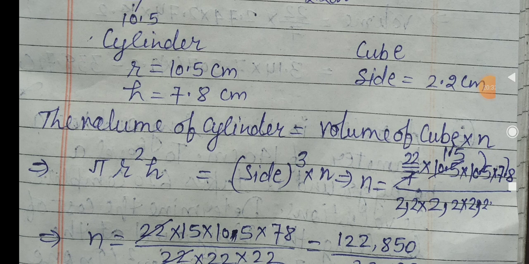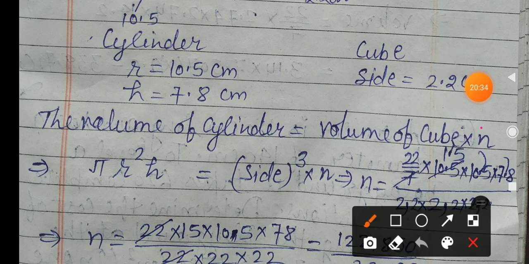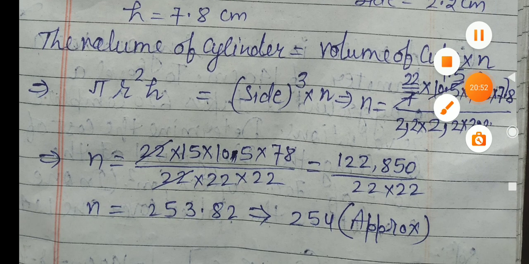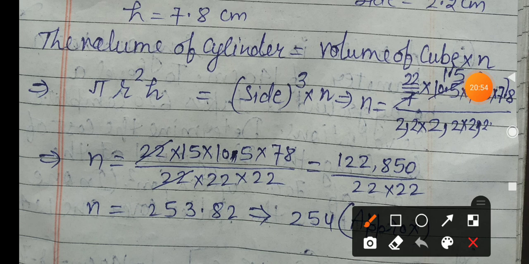So we write the number of cubes as n, and here you have the cylinder radius equal to 10.5, the height of the cylinder is 7.8, and the cube side is 2.2 centimeter. Here you have to put the formula of the volume of a cylinder and the volume of a cube.